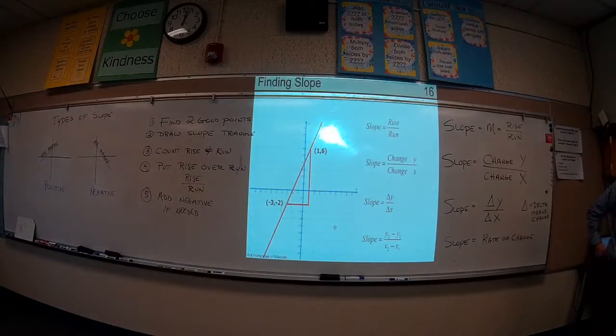How did y change? What you're telling me right now is that it ran more than it rose. It's rise over run. Simplify it.